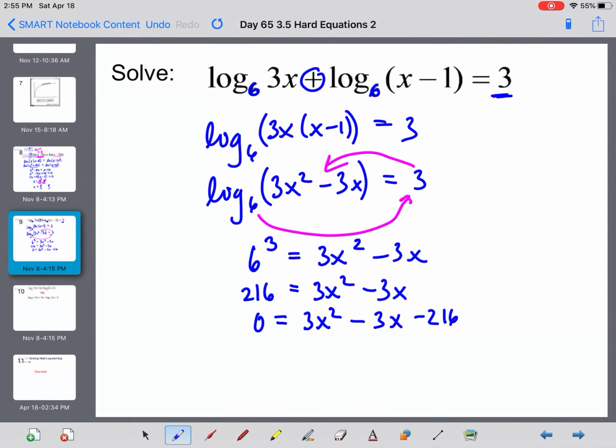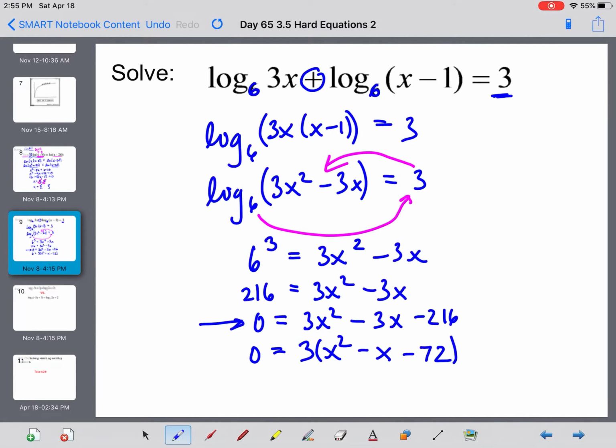You're welcome to use the quadratic formula on this. That would be just fine. You're also welcome to notice that the 3 and the 216 all have a common factor of 3. If you notice that, it's going to make your life a little bit easier, because trying to factor this one, I'd have to really think about. I'd be multiplying to 3 times 216 and then adding to negative 3.